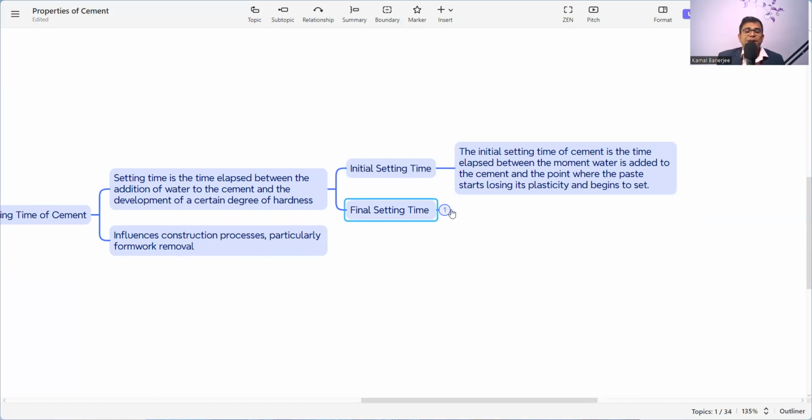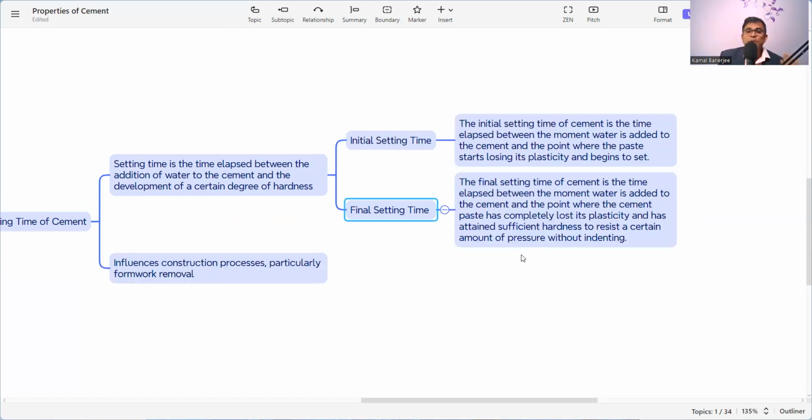And then what is the final setting time? The final setting time of cement is the time elapsed between the moment water is added to the cement and the point where the cement paste has completely lost its plasticity and has attained sufficient hardness to resist a certain amount of pressure without indenting. So this is the final setting time, when it has completely lost plasticity and a certain amount of hardness is achieved.